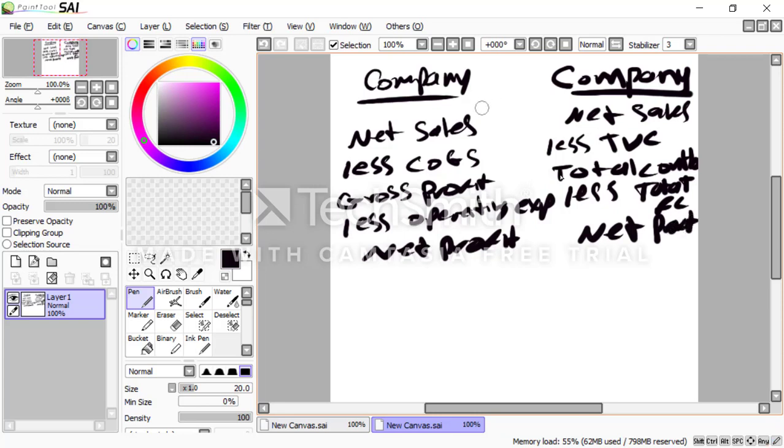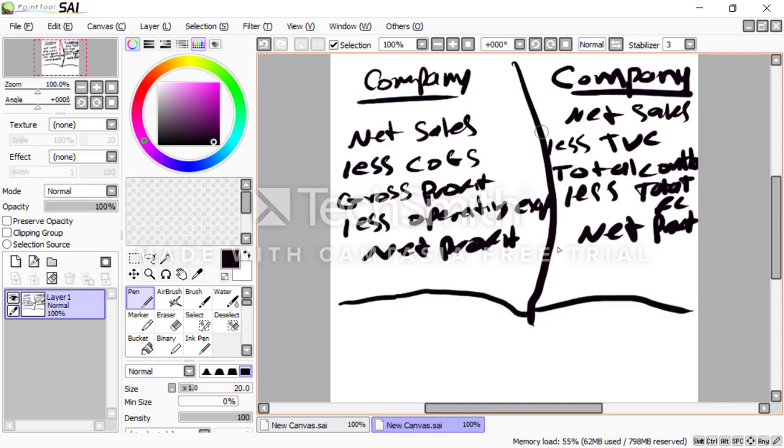So all I want to show you here is that it is possible to account in these two different ways. This side shows the cost behavior analysis basis, and this one shows the regular accounting basis.